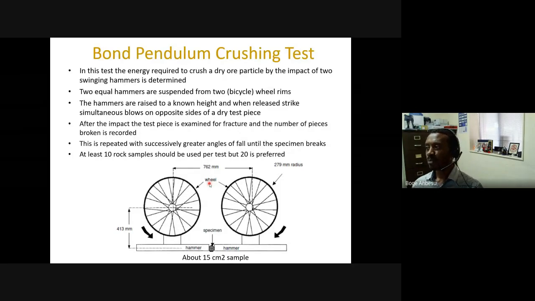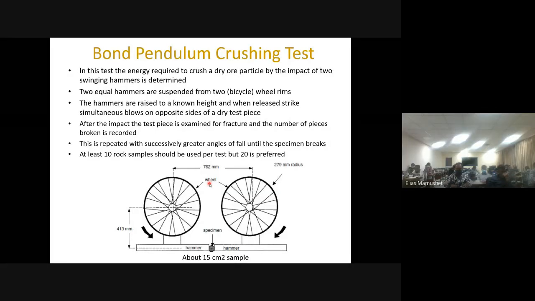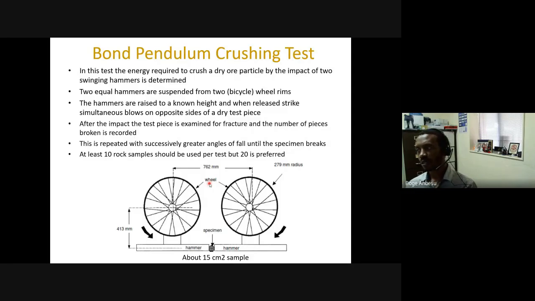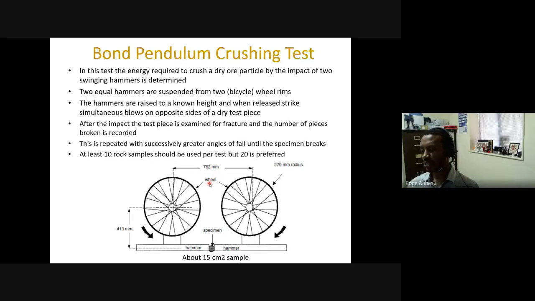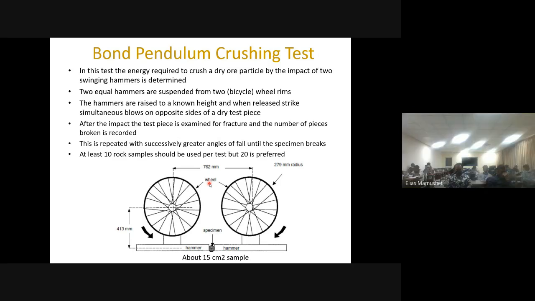So with the pendulum test, it's typically a crushing test, and what you have is you take a single rock unit and you try to smash it between two hammers. Okay, the hammers are actually suspended on two large wheels which go opposite to each other.